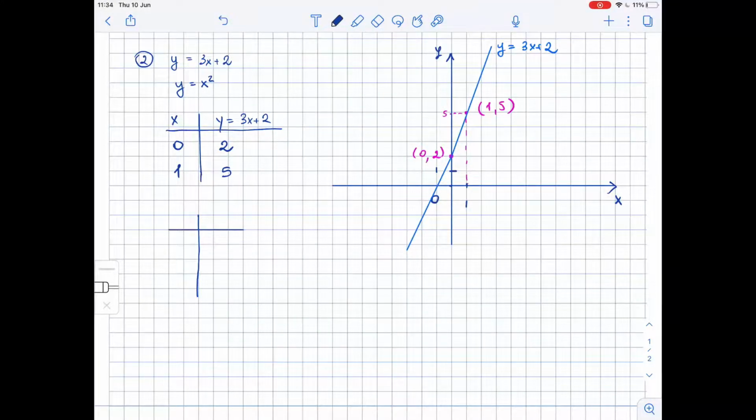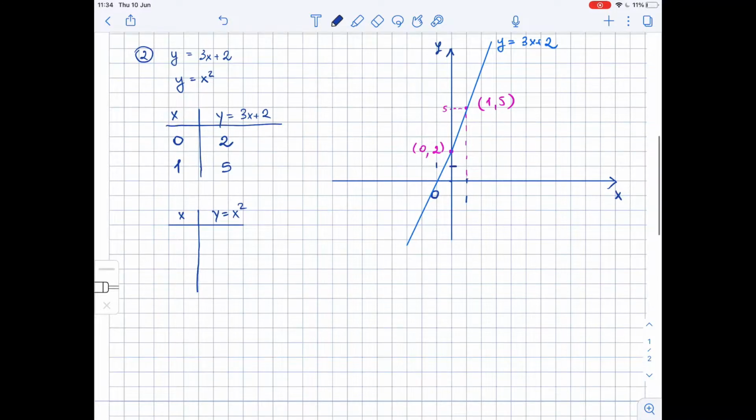Again, let's construct a table of values. So x and y is equal to x squared. For example, for x equal to 0, y is equal to 0 squared, which is 0. For x equal to 1, y is equal to 1, and for x equal to -1, y is also equal to 1.